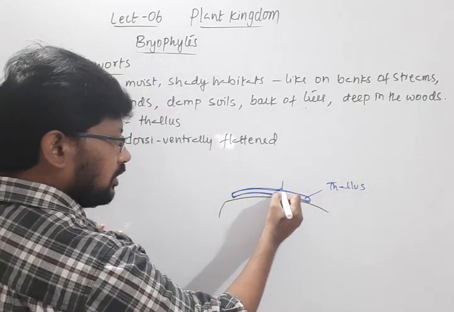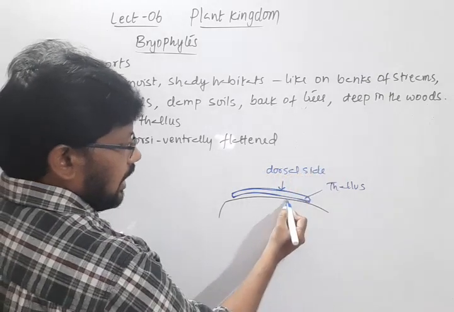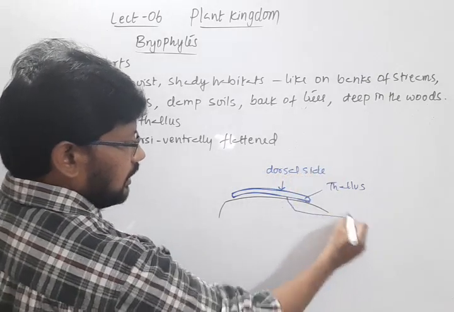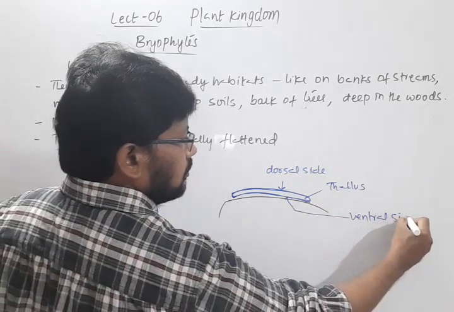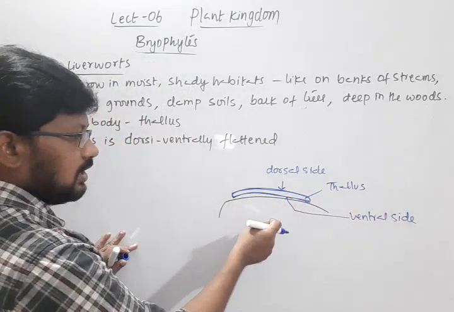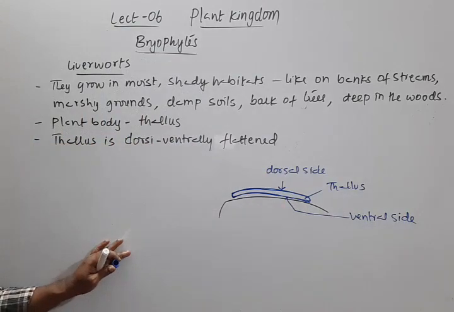This side is the dorsal side, and this side is the ventral side. Both on dorsal and ventral side it is flat, so that's why I have mentioned dorsiventrally flattened.